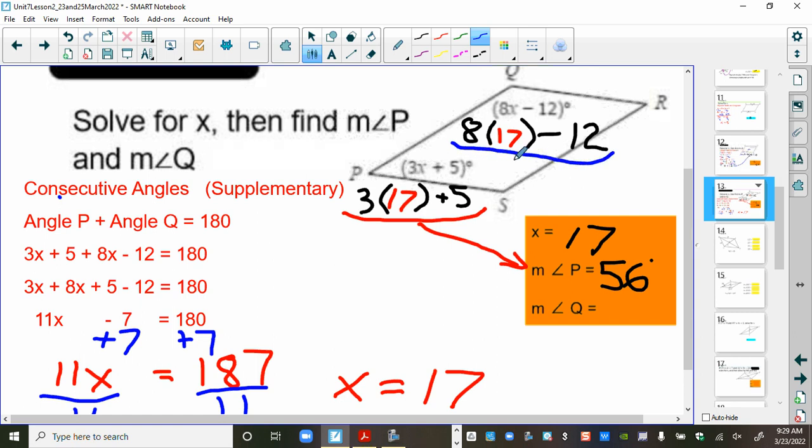There's your angle Q. Anybody get an angle measure for angle Q? 124. 8 times 17 is 136, minus 12, 124. There you go. Was that too bad? Was that hard? Not too hard, right?